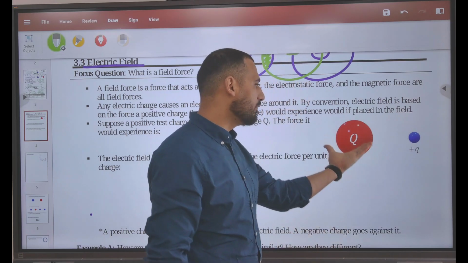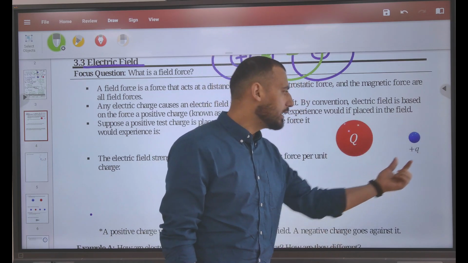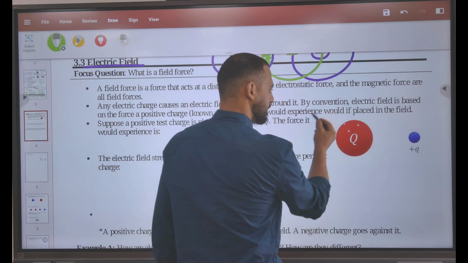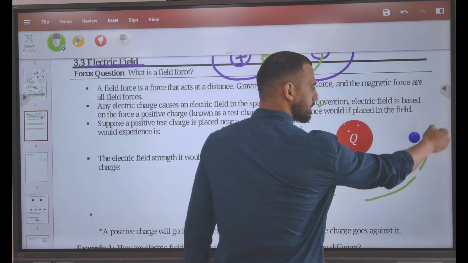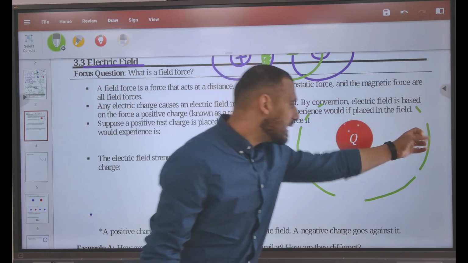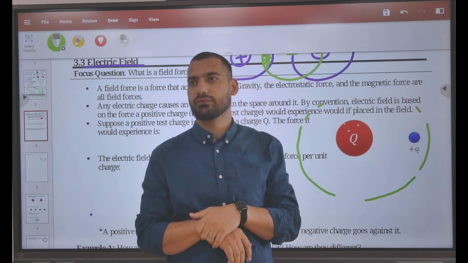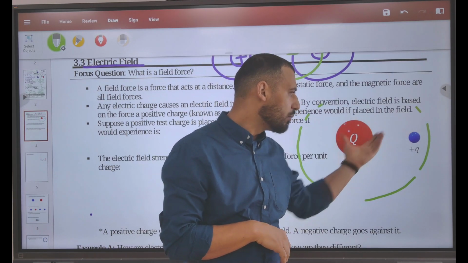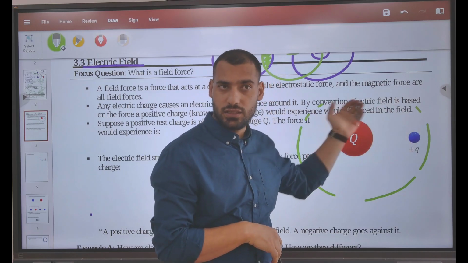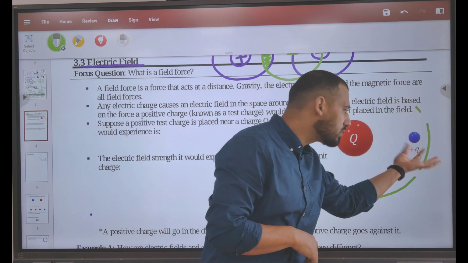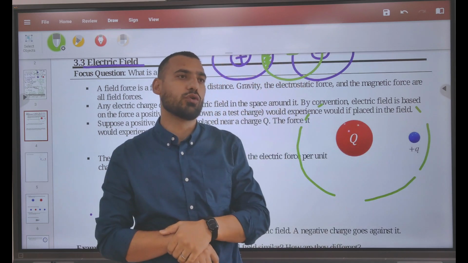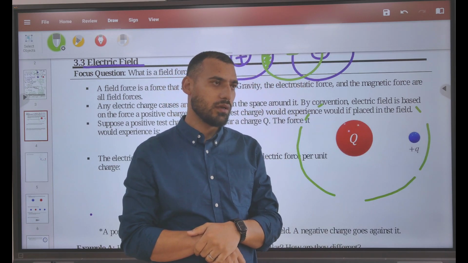See, for example, we have a source charge here, and it has a modified space. Say, for example, this is the modified space. Inside this modified space, called the electric field, I am bringing a small charge plus small q. Okay, what will happen?